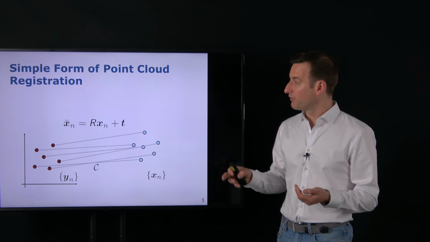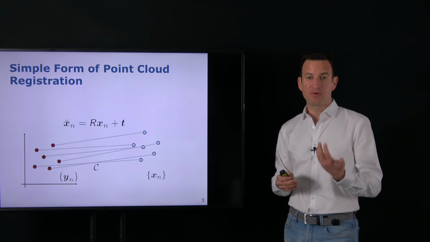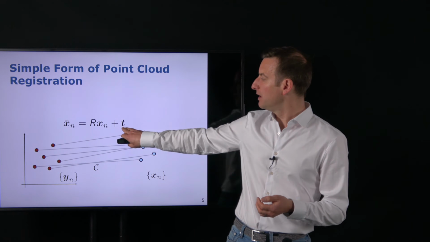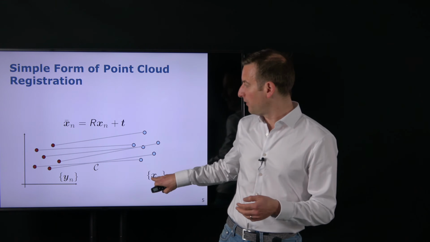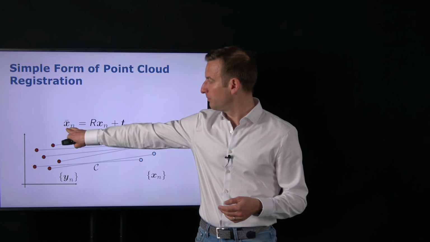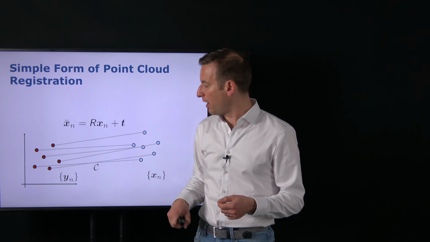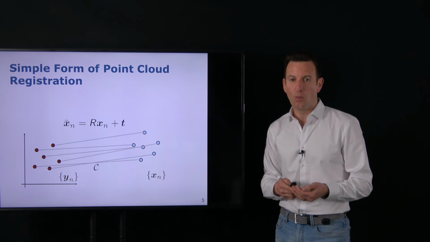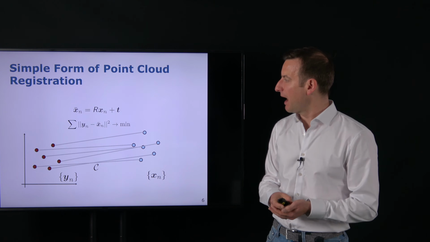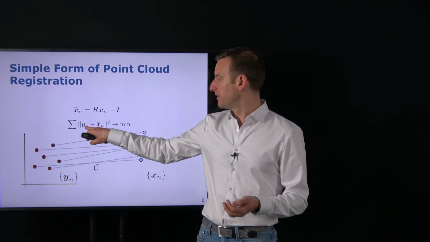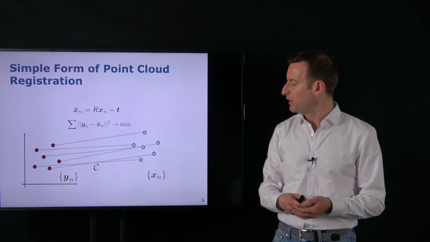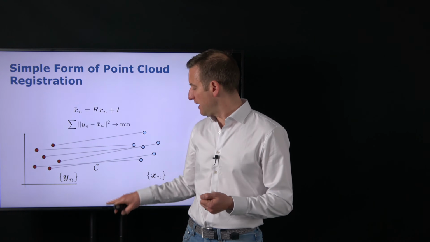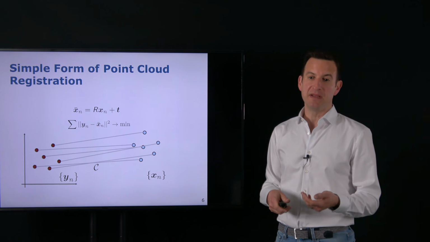And then based on this information, we can estimate the parameters of a rigid body transformation, so a rotation matrix R and a translation vector T, to transform the point set Xn into a point set Xn with a bar on top of it, which then should be in the coordinate system of the point set Y. And this should happen under the constraint that the sum of differences between the point cloud, the red one, and the transformed one should be minimized.